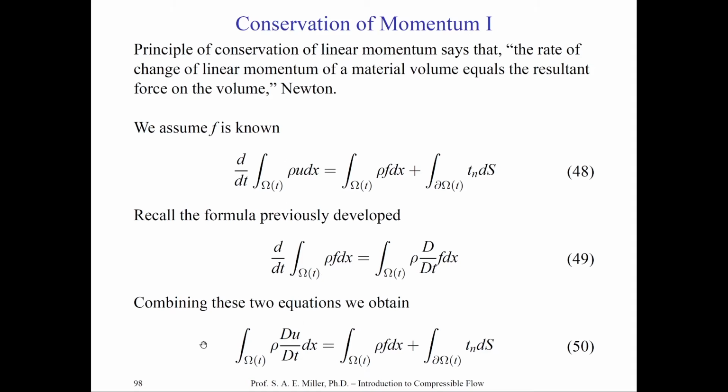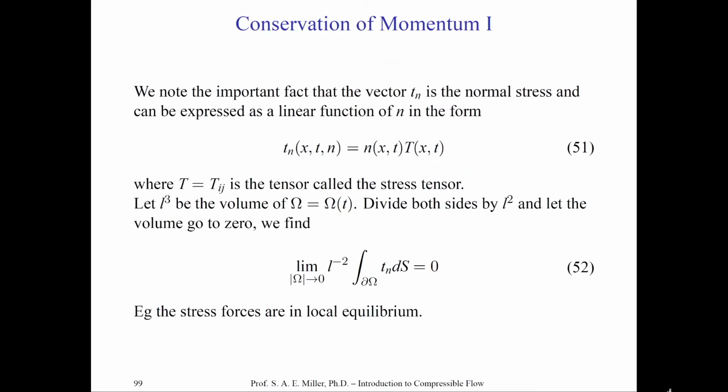Equation 50 is an interesting equation. It's an integral over the fluid parcel, volumetric, of rho Du/Dt, the material derivative of u, equal to the body forces plus the shear and normal forces on the surface of the fluid parcel. And so this is one way we might write Newton's law in a simple integral form.